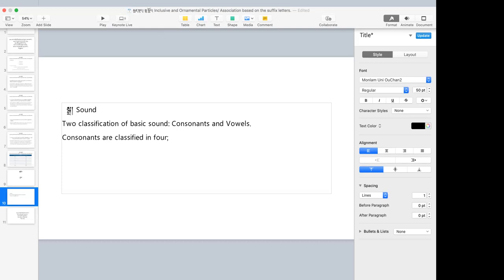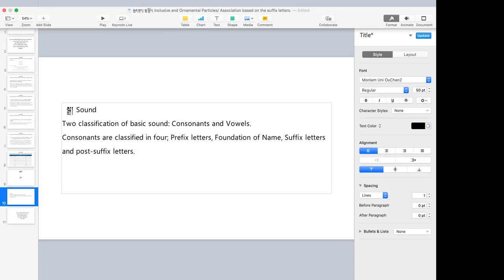So consonants are classified in 4: the prefix letter, the foundation of name, in some translations name base, the suffix letters, and post suffix letters. All of these are basic sound.